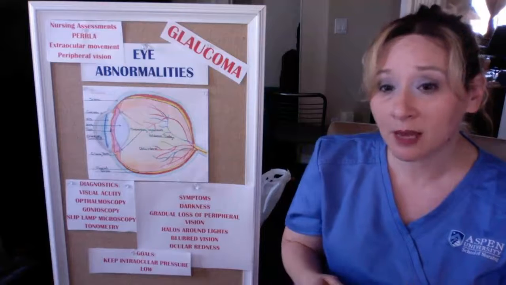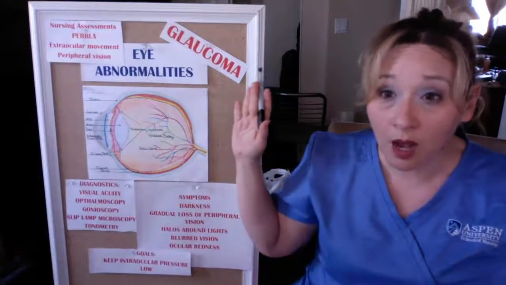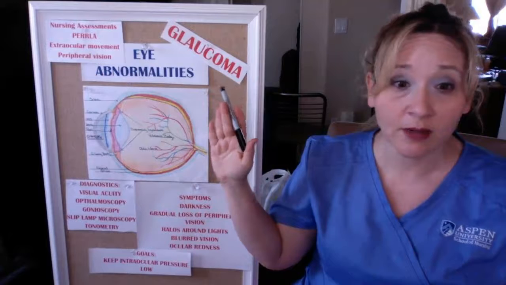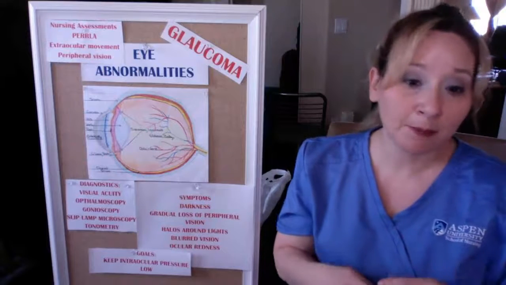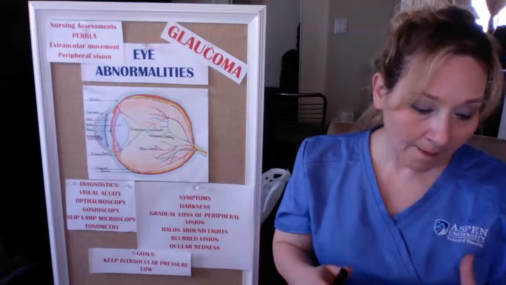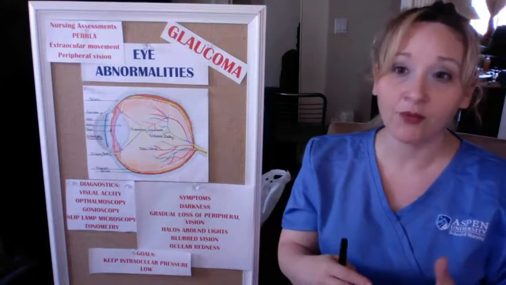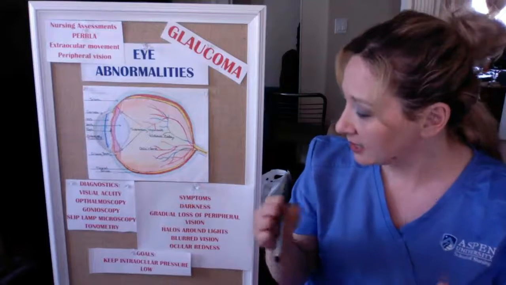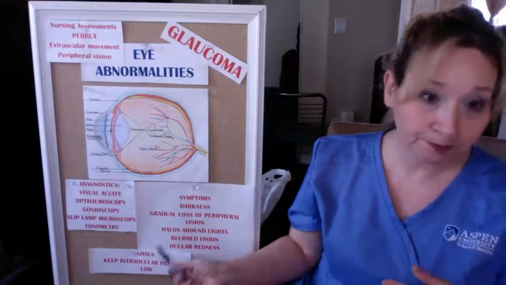Some symptoms that they will experience are darkness, a gradual loss of their field of vision, halos around lights, their vision might be blurred, and you might see some ocular redness. The biggest nursing consideration that we have for glaucoma is to keep the intraocular pressure as low as possible.